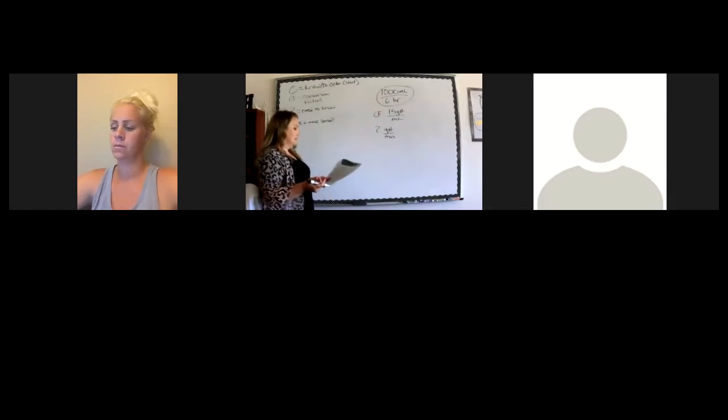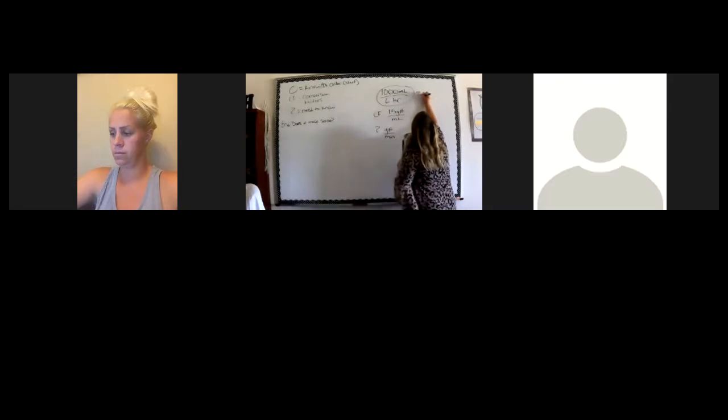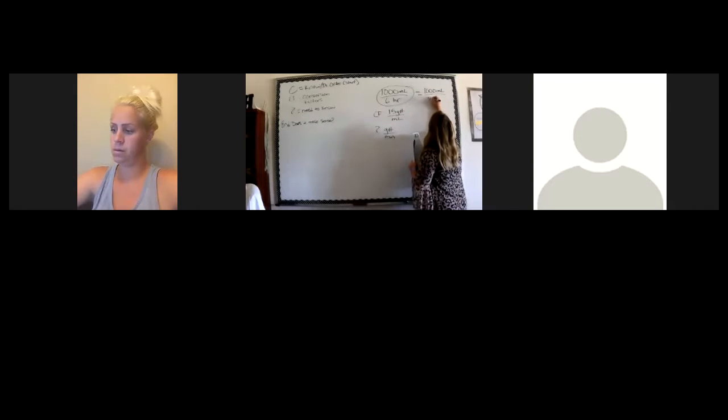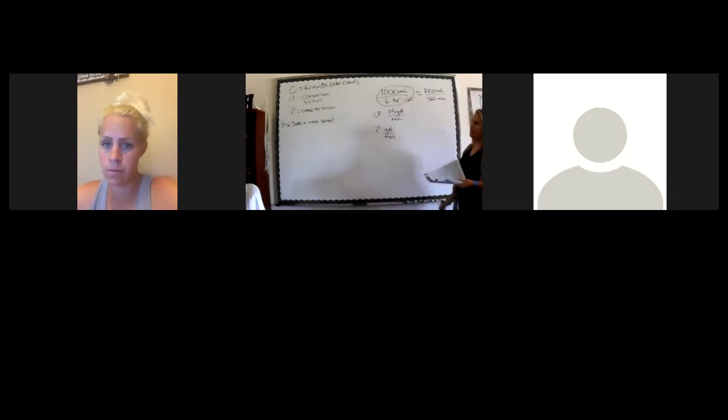So you can do this in your head, I think is the easiest way. 6 times 60 is 360. So that's the same thing as saying 1,000 mils in 360 minutes. Again, all I did is I did 6 times 60 to get that because there's 60 minutes in an hour.